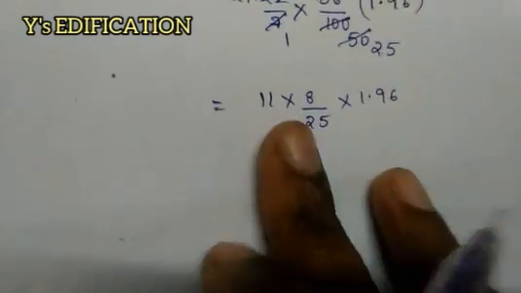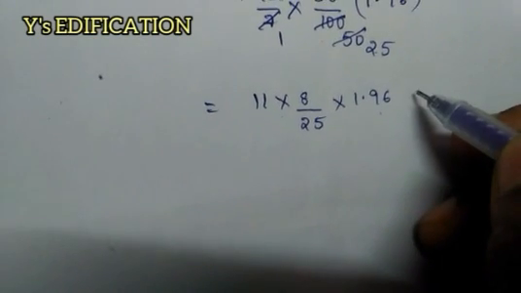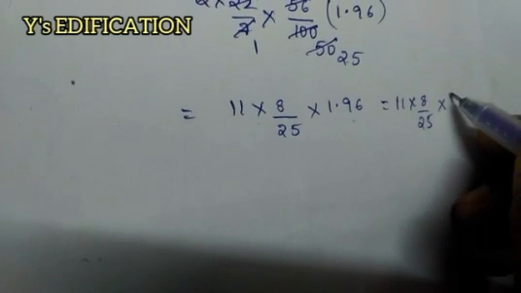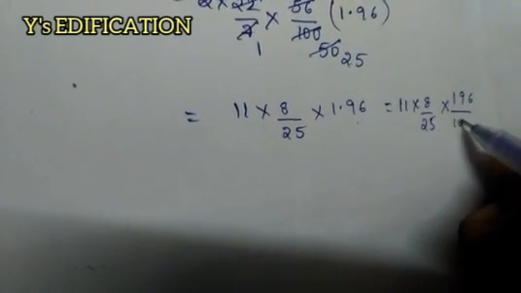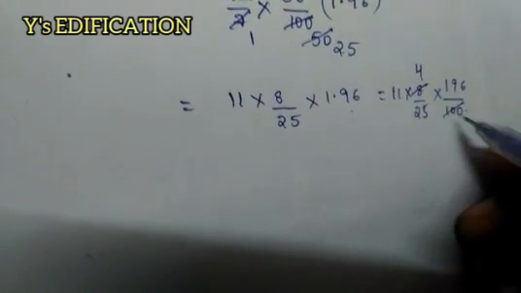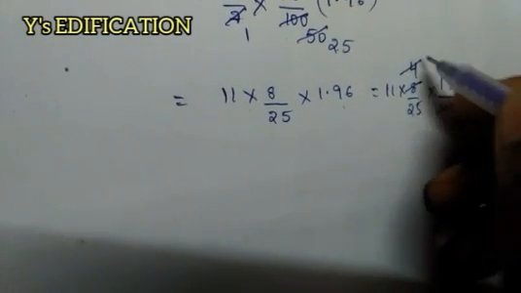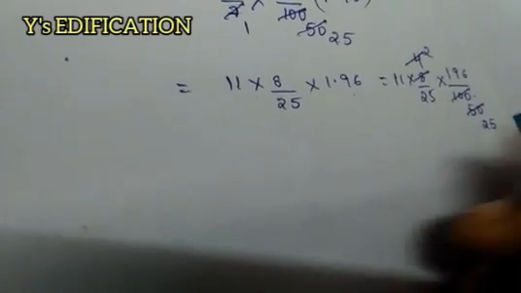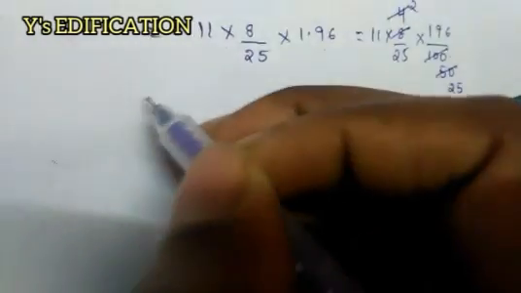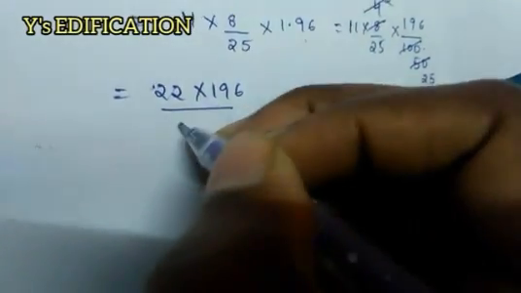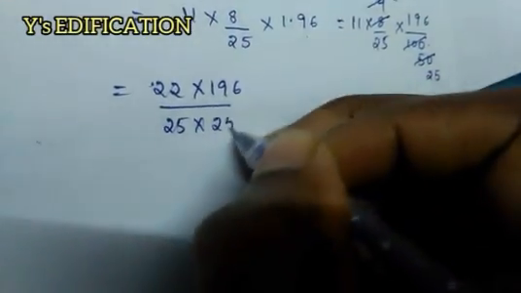Now convert this 1.96, we can write this as 196 by 100. So 2 4s are 8, 2 50s are 100, 2 2s are 4, 2 25s are 50. What is the remaining left here? 11 into 2 is 22 into 196 by 25 into 25.